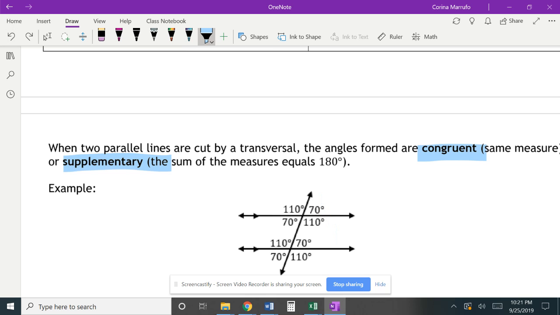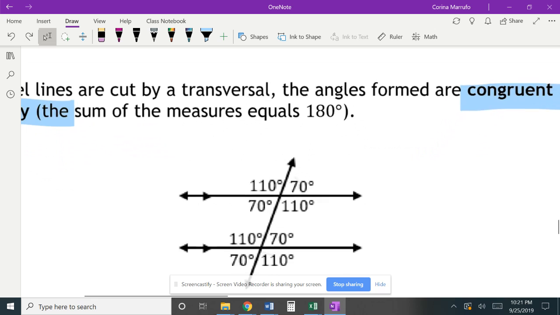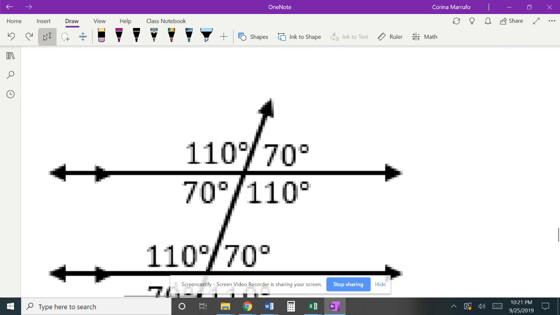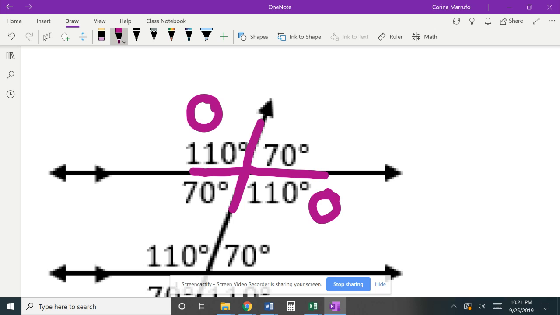Now also, when you have these two parallel lines cut by a transversal, you will always have obtuse angles and acute angles. So if you notice, this angle here is an obtuse angle. This angle over here is also obtuse, and you will notice that they are equal in measure.